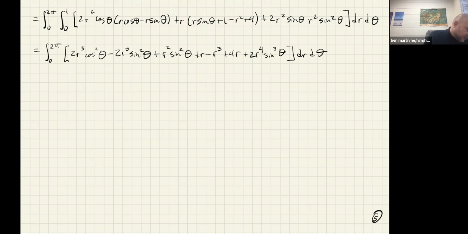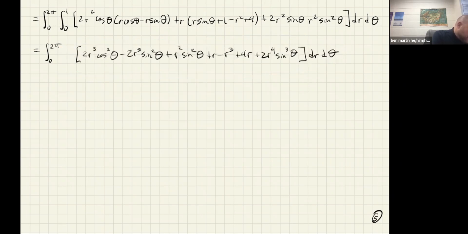All right, let's see here. I don't see anything I can combine. Great. Oh well. Although I do notice that I forgot to write my integral with respect to r there. Integral 0 to 1.